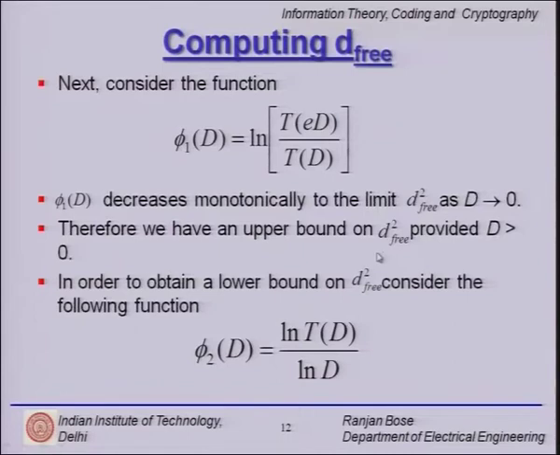Therefore, we have an upper bound on d free squared provided d is greater than 0. In order to obtain a lower bound on d free squared, consider the following function phi 2, which is the ratio of log T(d) as a function of d divided by log d. So, we have these functions phi 1 and phi 2, and we will use them to get an estimate of d free.